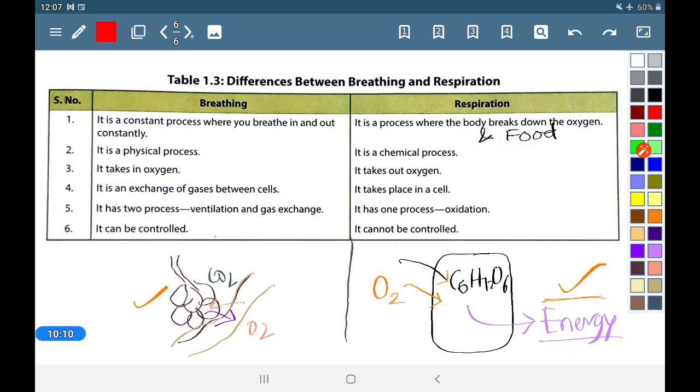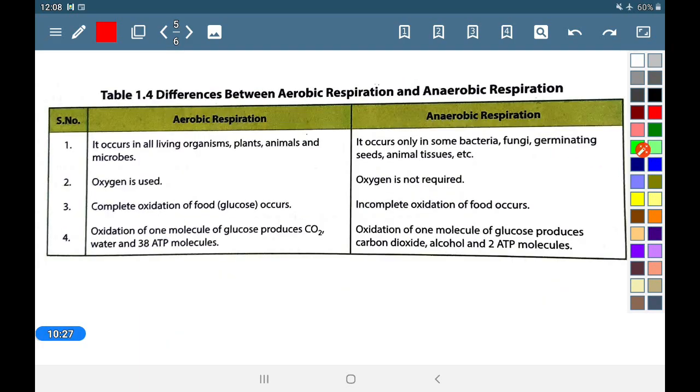Next question, Debosmita Roy asked, how does aerobic respiration differ from anaerobic respiration? So here is your answer. Aerobic respiration is when oxygen is used, and anaerobic respiration is when oxygen is not required.